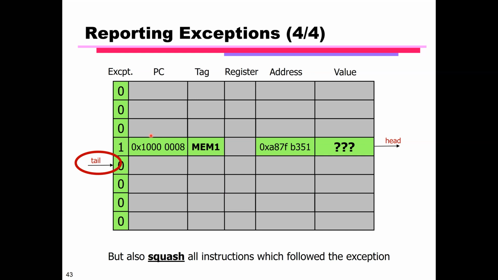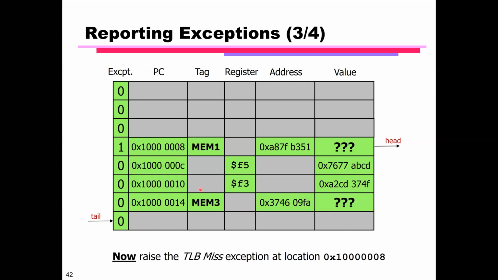Now, here my actual PC, where I'm fetching and decoding, has nothing to do with this instruction, right? This instruction has been fetched and decoded long ago, and if I go back one slide, my fetch and decode unit is probably fetching something at address 10 million, whatever, 18, right? It is fetching the next instruction.